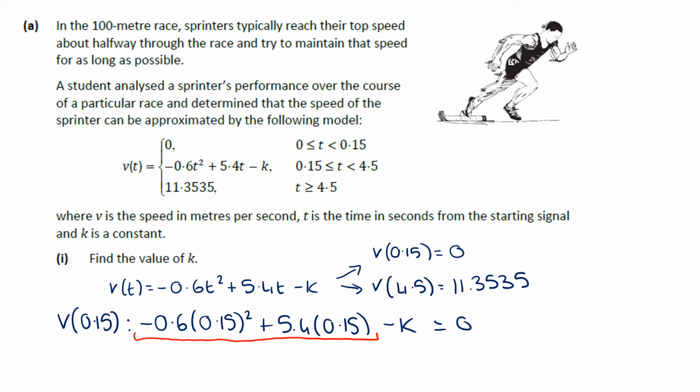So we get 0.7965 minus k equals 0. So k equals 0.7965. It didn't tell us to round. That's all the digits that we have. Like I said, if you want to go and try it with the 11.3535, you should get exactly the same answer.